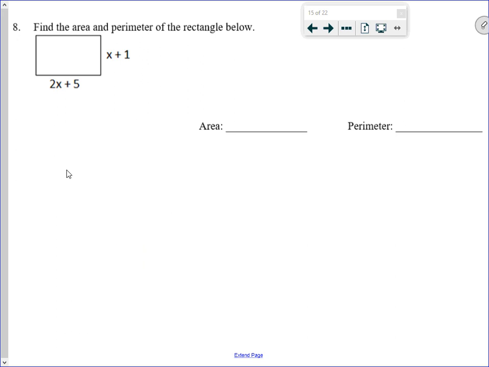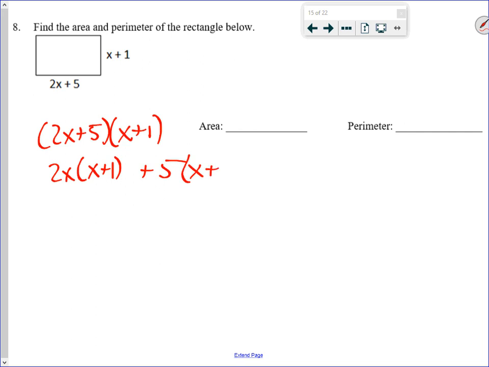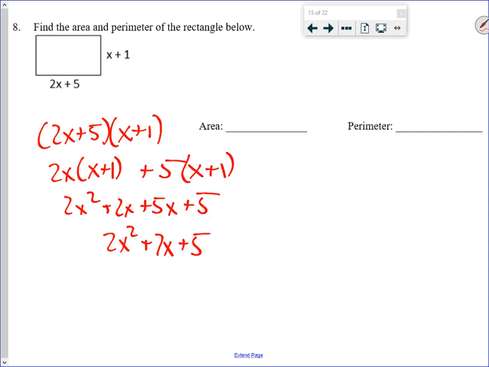So for the problem they gave us, the area would be 2x plus 5 times x plus 1. And this is just like the expansion problems we were doing a few minutes ago.